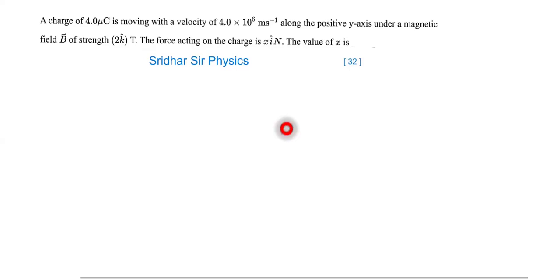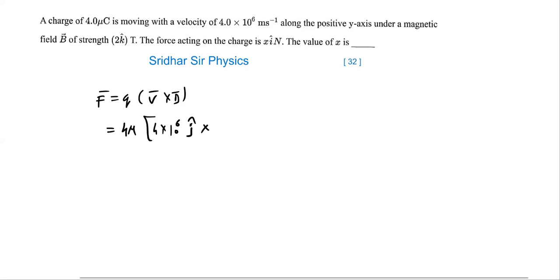Next question. A charge is moving with a velocity along the positive axis under a magnetic field of given strength. The force acting on the charged particle, based on the Lorentz force, is F bar equal to q v bar cross B bar. They are asking for the magnitude of force. What is the value of q? Charge 4 micro coulomb. Velocity 4 into 10 to the power of 6 j cap, cross 2 k cap.